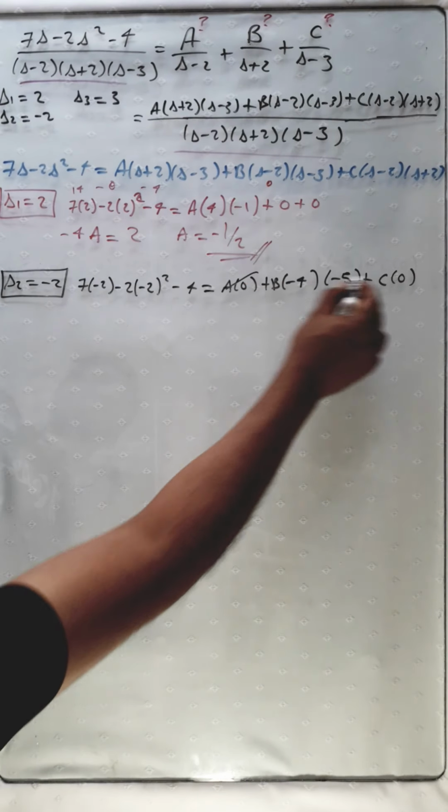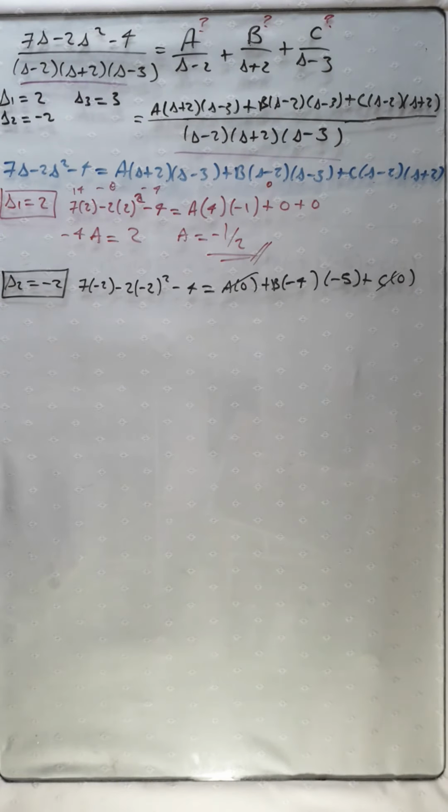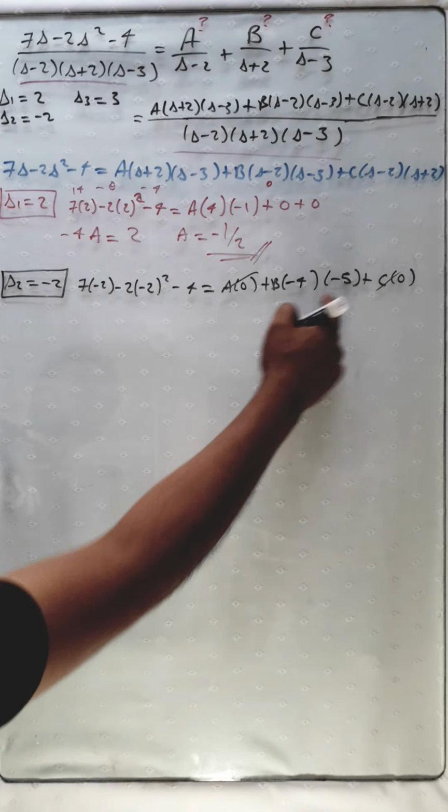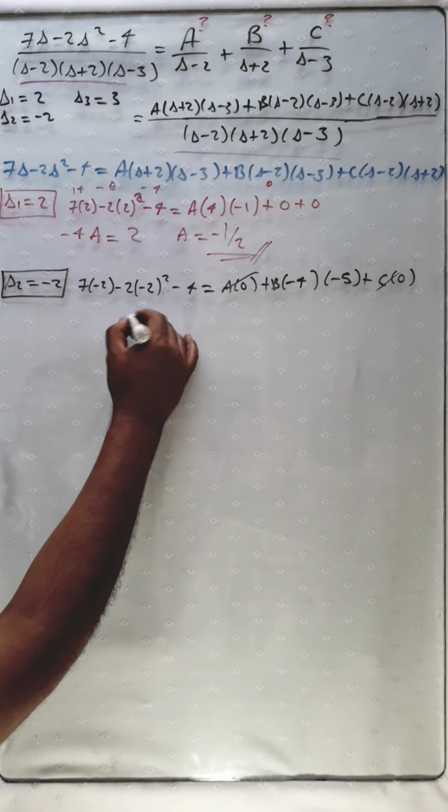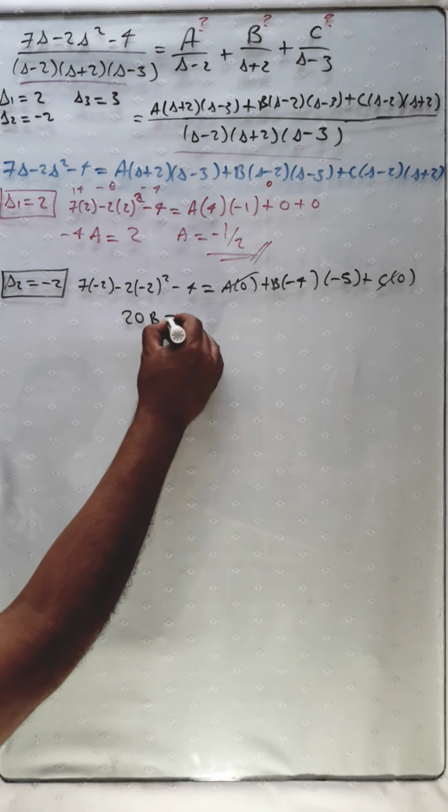So this, well, they don't cancel, but we don't care about this calculation. So what you have here is 4 times 5, which is going to be 20. 20B is equal to how much?